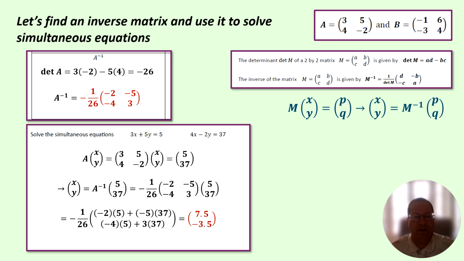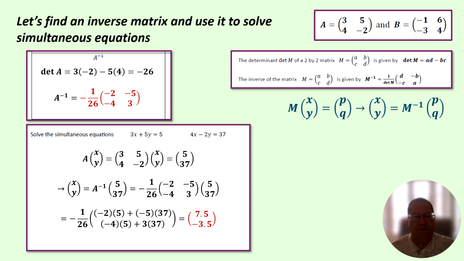Top left, the determinant of A is 3 times minus 2 minus 5 times 4, which is negative 26. And then we've changed the elements around on the leading diagonal. So the minus 2 is top left, the 3 is bottom right, and we've changed the signs of the 5 and the 4. So the inverse matrix is given by negative 1 over 26 multiplied by (negative 2, negative 5; negative 4, 3).